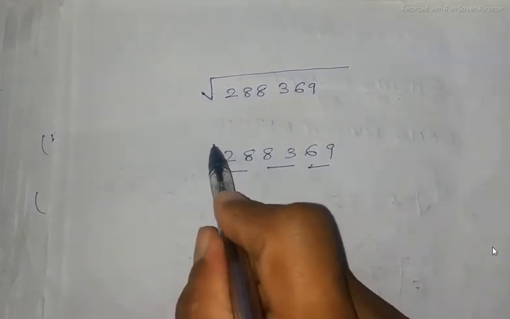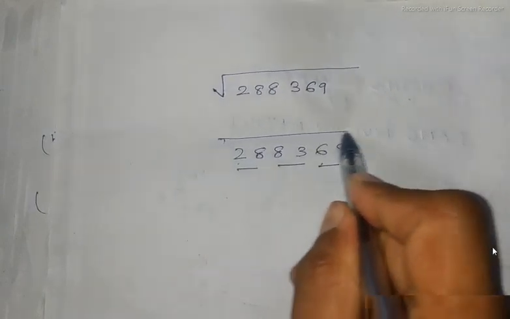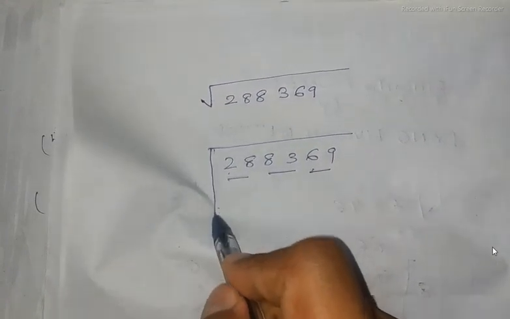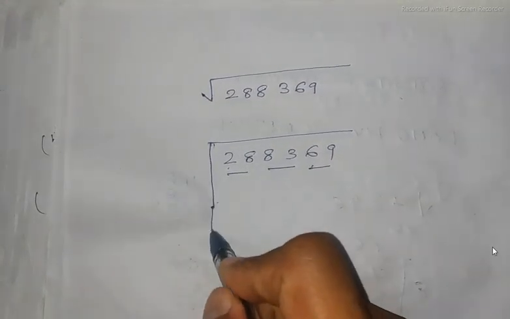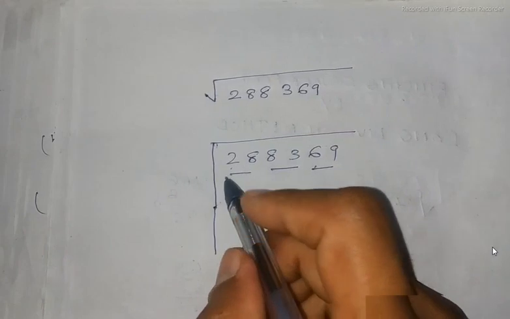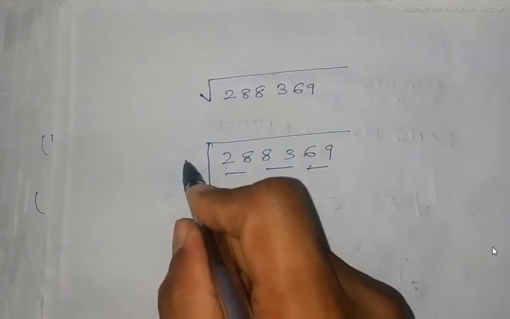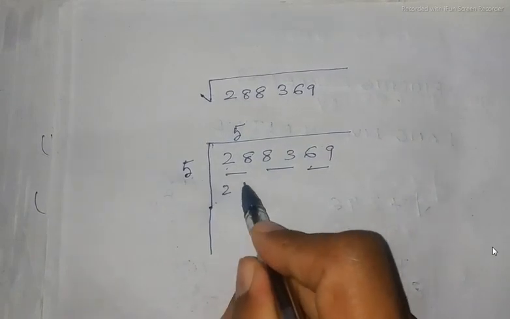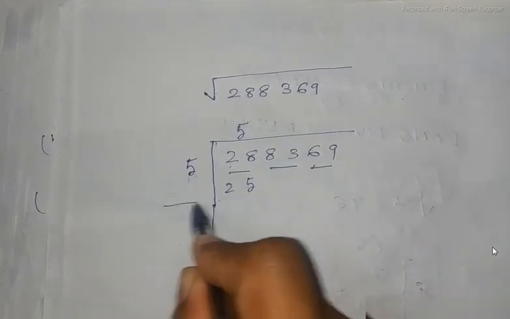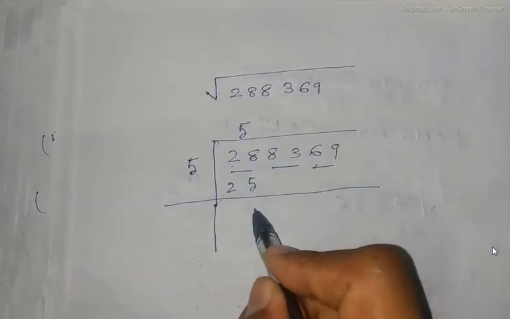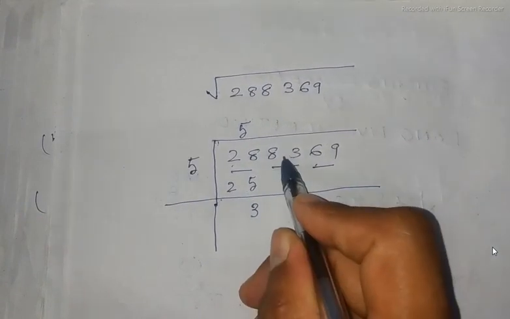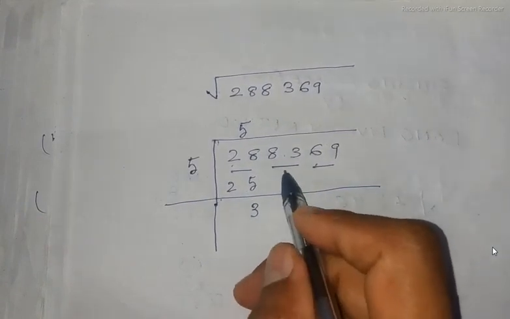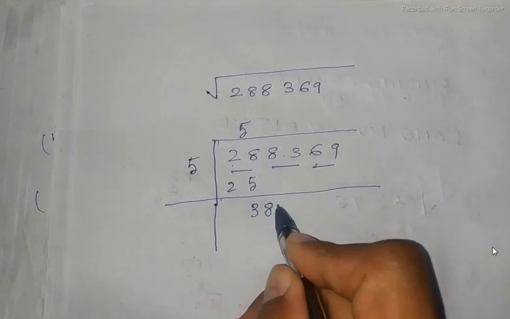So we have paired the digits. The nearest perfect square to 28 is 25. So 5 5s are 25. 28 minus 25 is 3. The next pair of digits will come down. So 83 will come down.